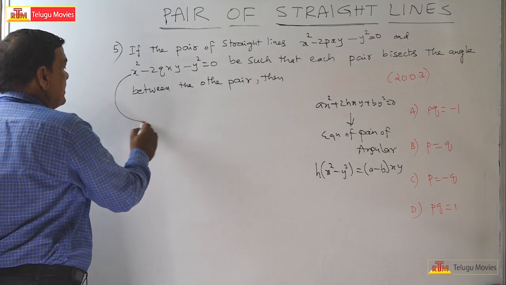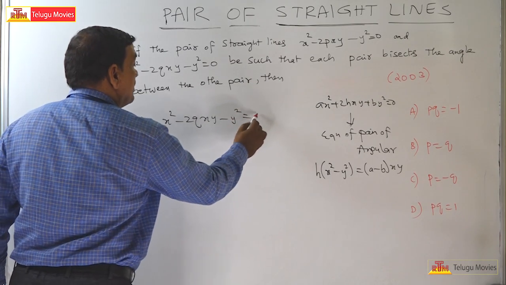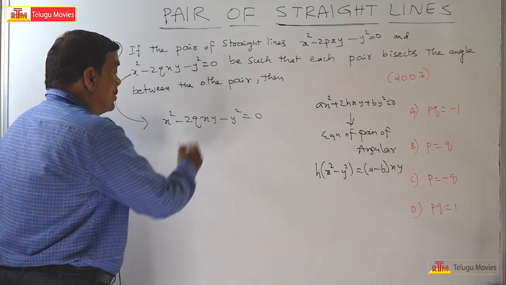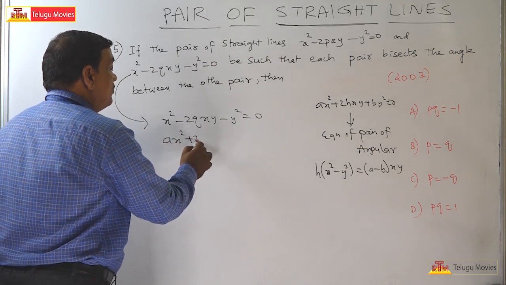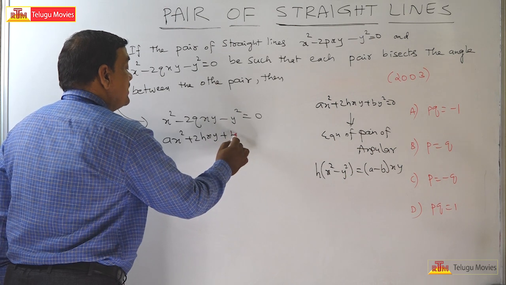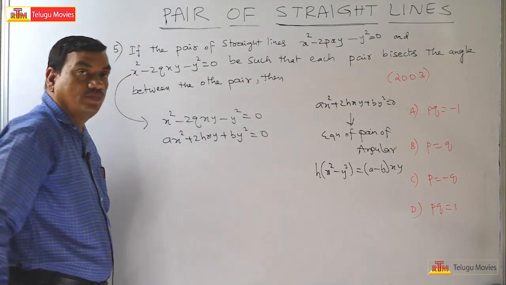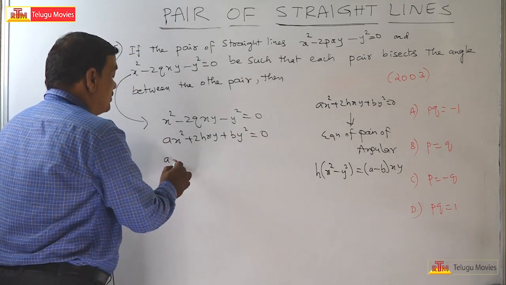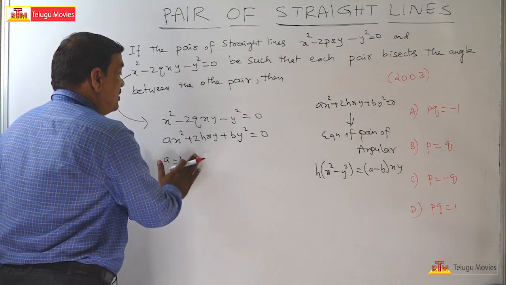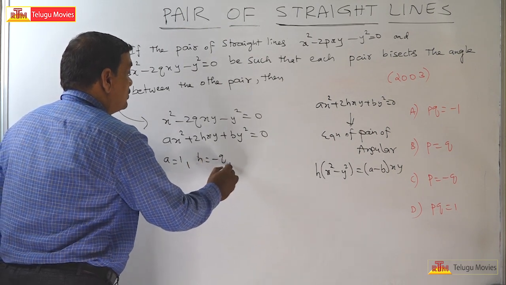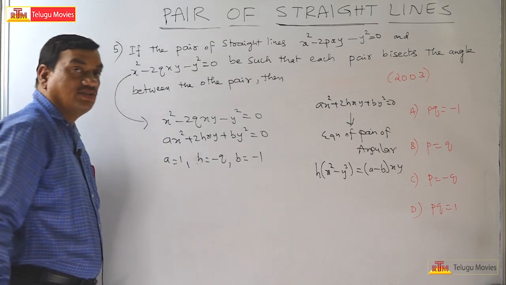Let us take the second one, x square minus 2qxy minus y square is equal to 0. Compare with the general form ax square plus 2hxy plus by square is equal to 0. Here a is equal to 1, h is equal to minus q, b is equal to minus 1.